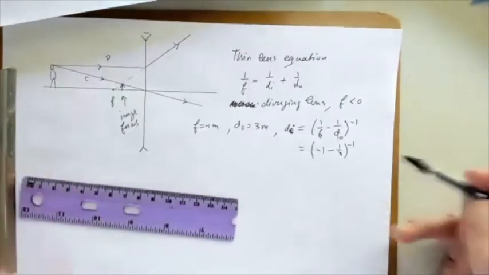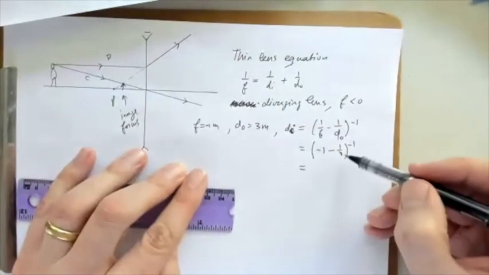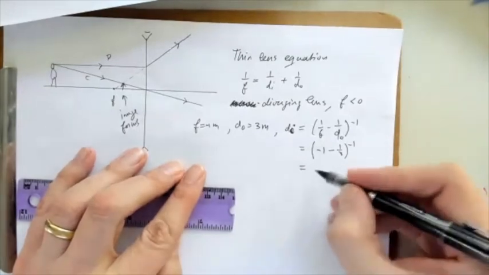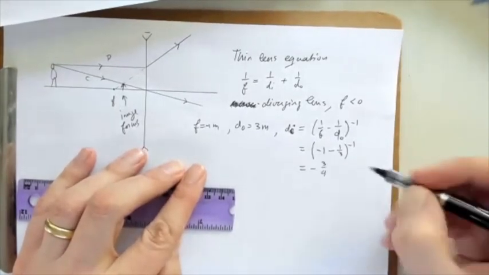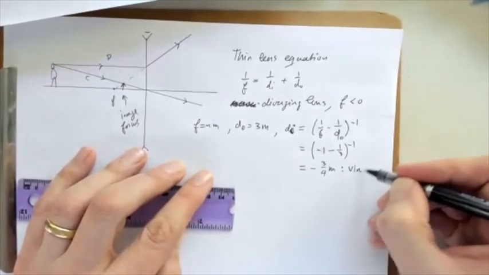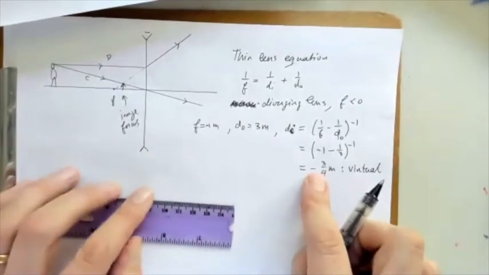So it's going to be a negative number. Minus 1 minus 1/3 is minus 4/3, inverted, minus 3/4 meter. And that means the image is virtual because DI is smaller than 0.